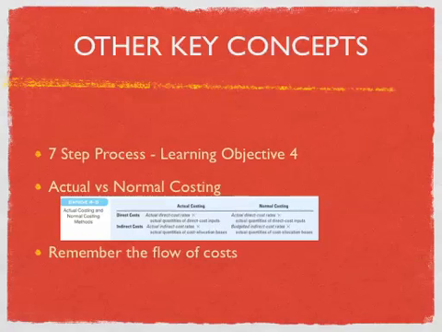So actual costing is a cost system that traces direct cost to the cost object by using actual direct costs times actual quantities. It allocates the indirect based on actual indirect costs times indirect quantities. In normal costing, that last piece changes.